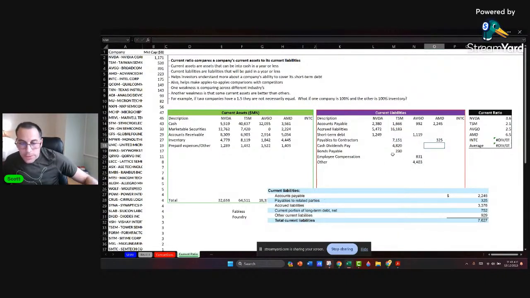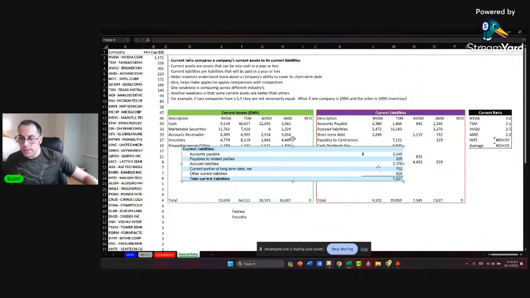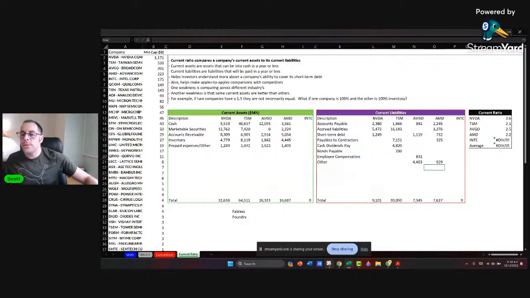Accrued liabilities 3376. This is probably like payroll and other things. Current portion of long-term debt, short-term debt. Other 929. 7627. So they're 2.2. So everybody's pretty.